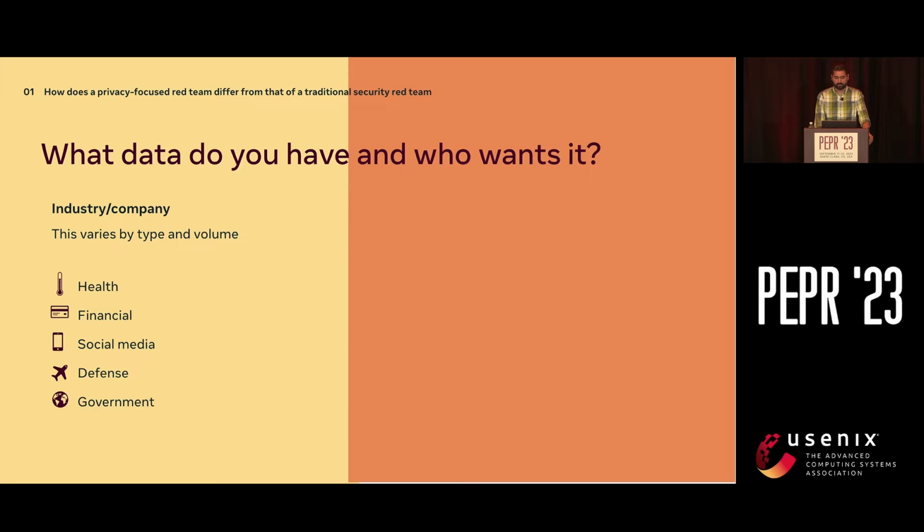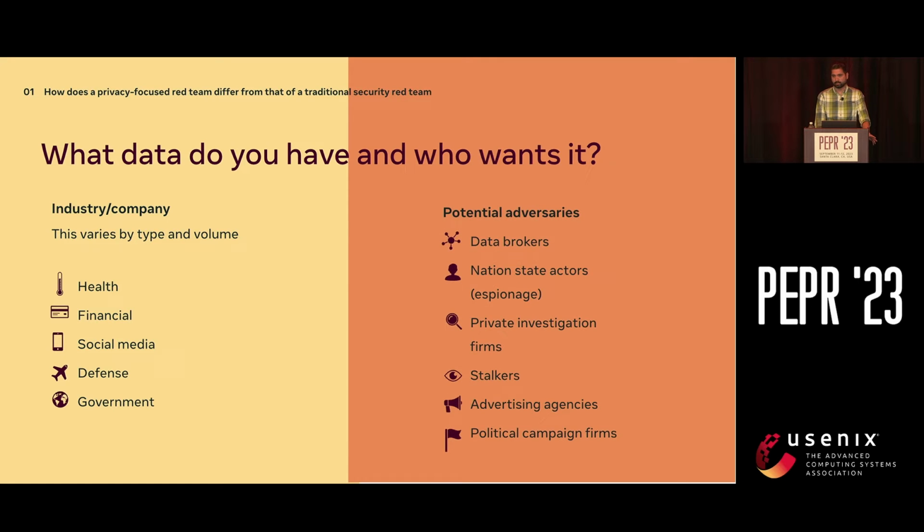And then once you've identified what data you have and how it should be protected, you want to figure out who wants to access that data. So those are going to be your adversaries. And in this column on the right here, there's a heavy overlap with cybersecurity adversaries. Data brokers and nation-state actors are more than willing to throw 0 days and N days at your systems, try to compromise your network to get the data that they want.